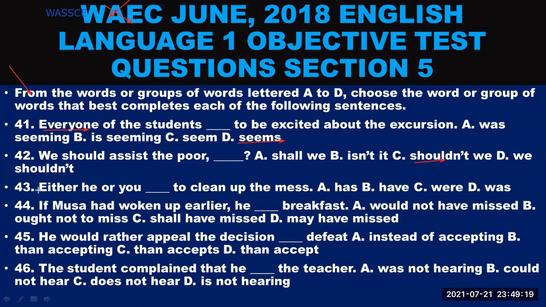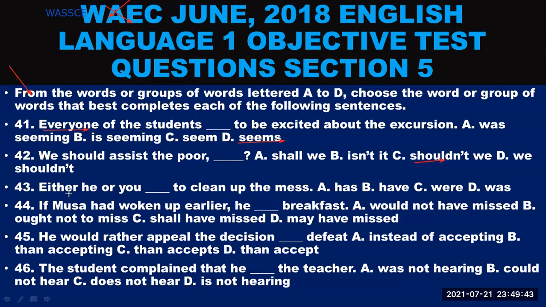Question number 43. Either he or you dash to clean up the mess. Again, we have the rule of concord here. The correct tense is present because we are dealing with the present tense here. But then we have to look at the rule of concord.